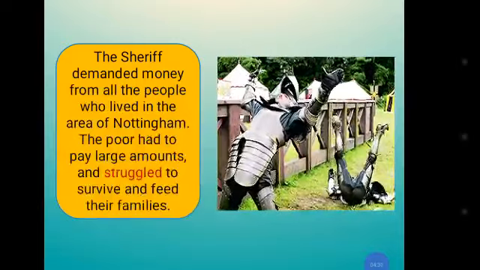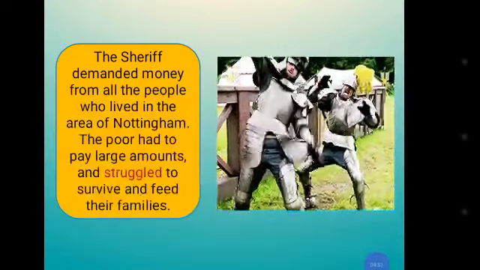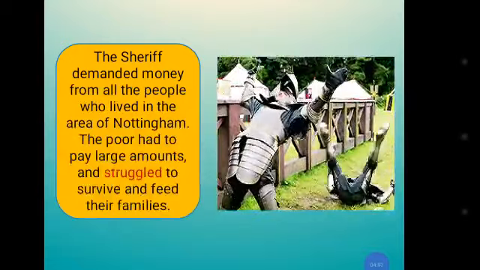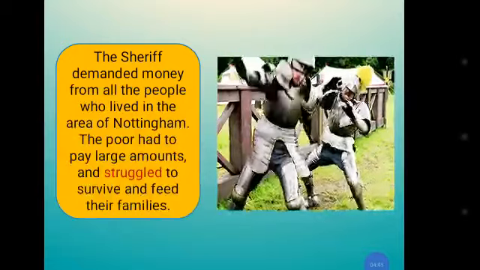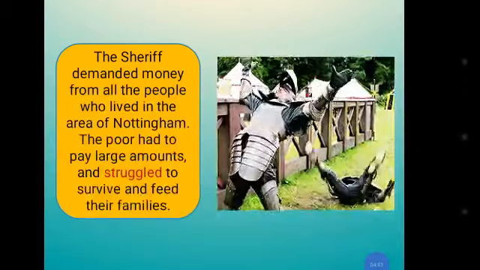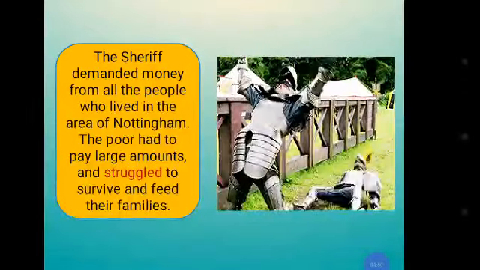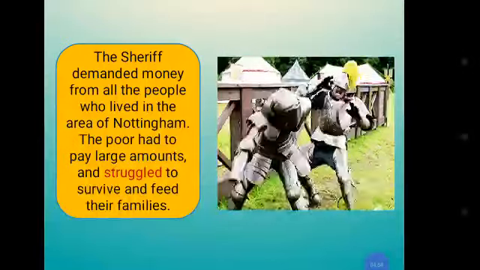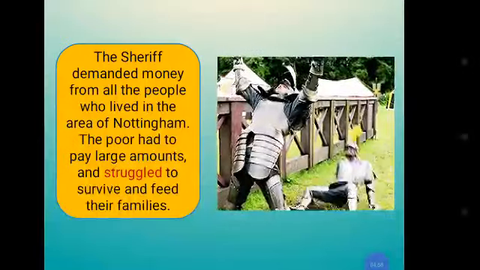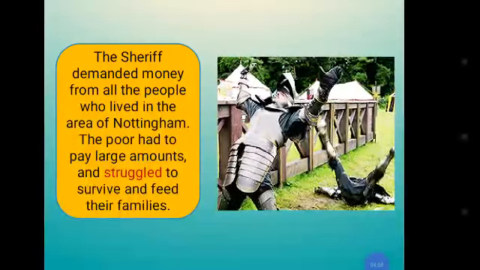The sheriff demanded money from all the people who lived in the area of Nottingham. The poor had to pay large amounts and struggled to survive and feed their families.